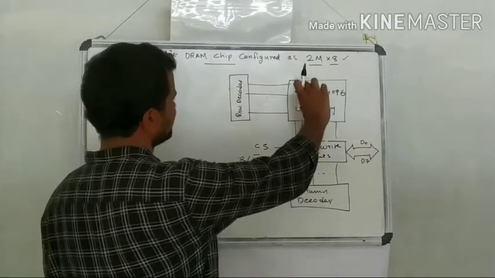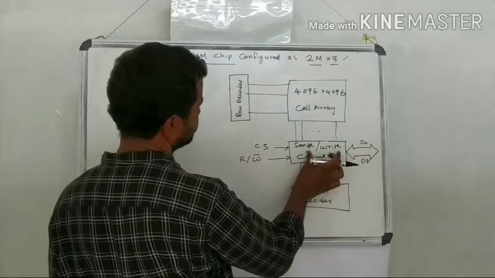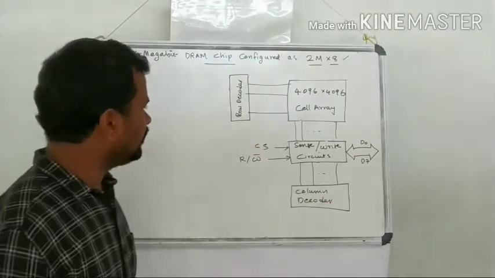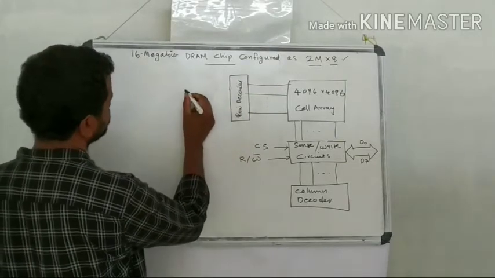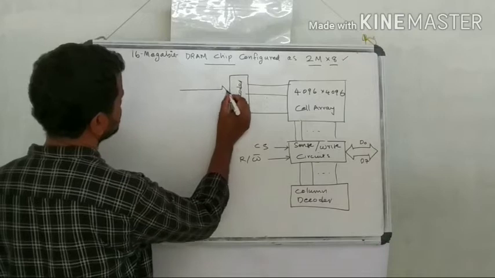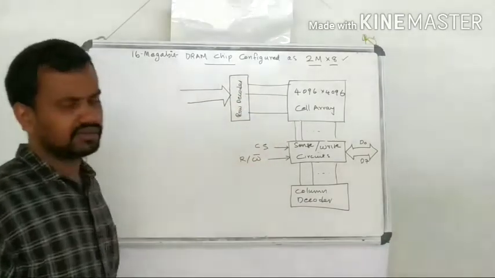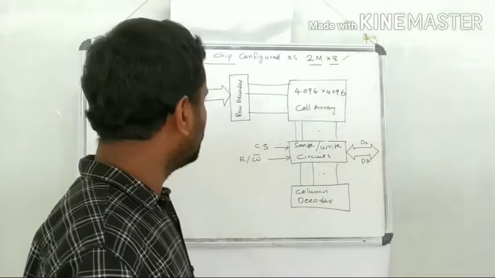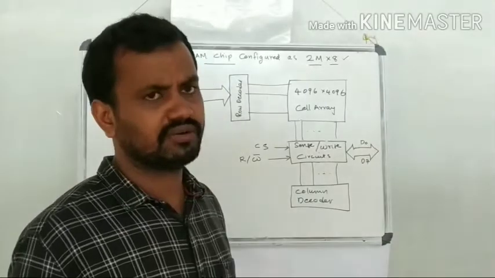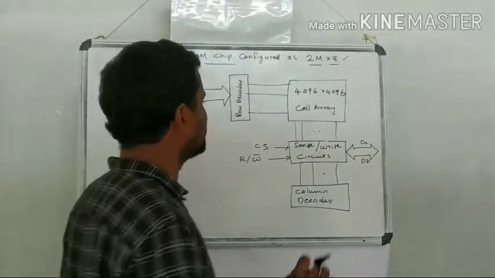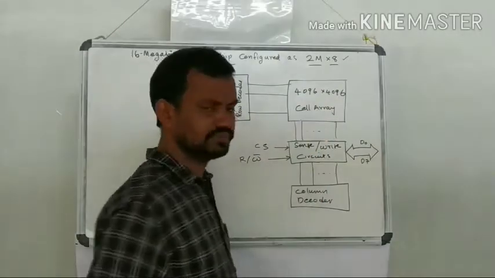Then this cell array is connected with a row decoder and a column decoder, then sense write circuits. This row decoder, as you know, is used to select a row from the 4096 word lines, that is, to activate a word line, or to select a row from 4096 rows. We have 4096 rows.